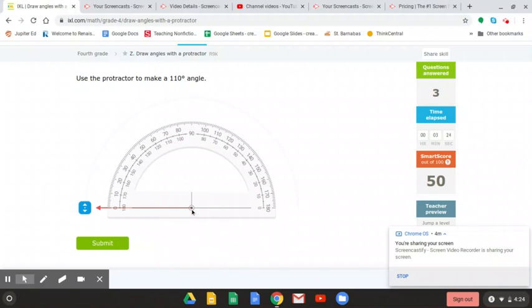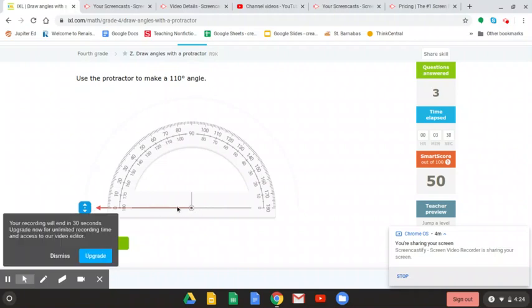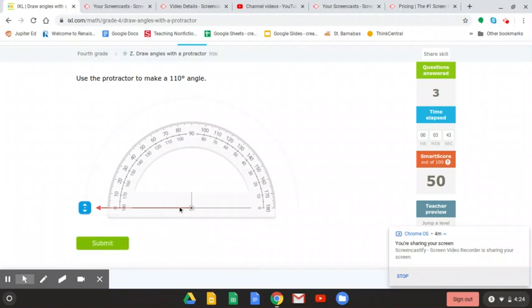And then you're going to line it up. So you're going to line up the vertex right there and line up the line with one of these here. Either one. Well, it depends on which way your ray is going. So you want to line it up there.